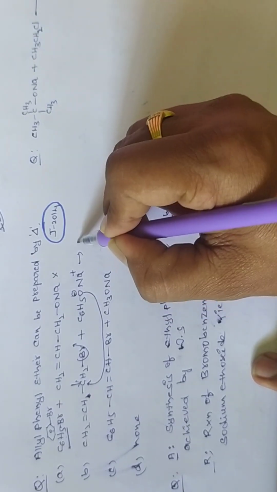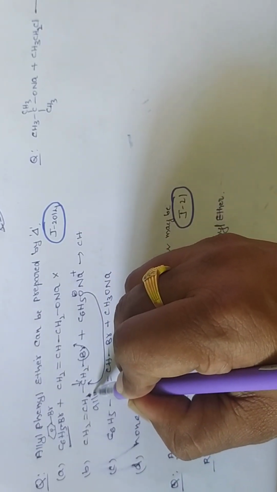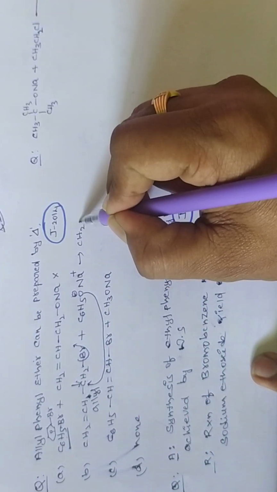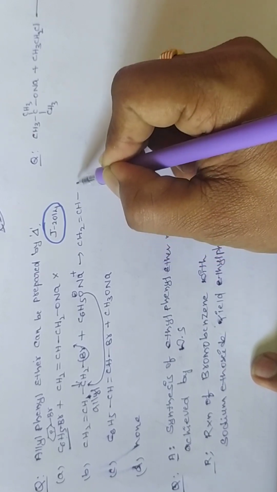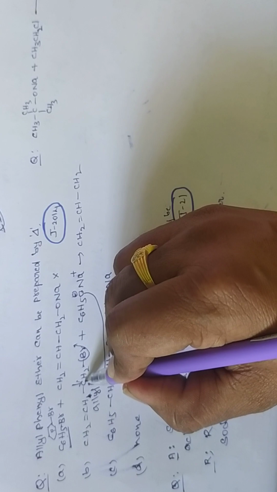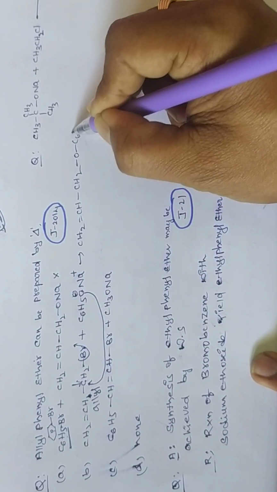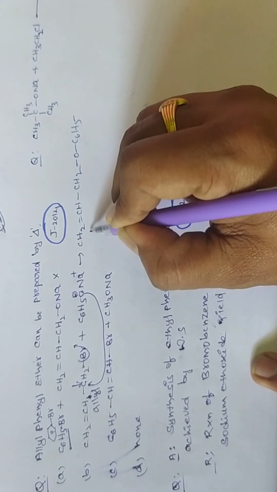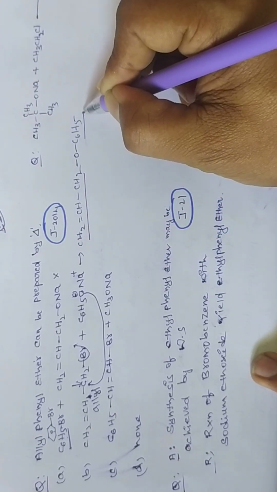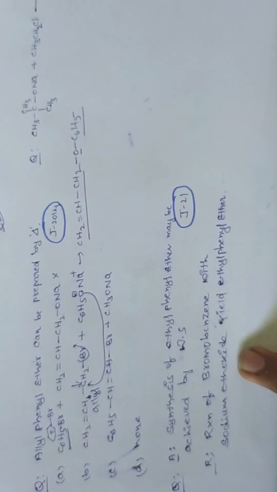Then we get allyl, CH2 double bond CH, CH2. This nucleophile gives electrons to this carbon, so therefore O C6H5. Now this is allyl, this is phenyl ether. Allyl phenyl ether can be prepared.